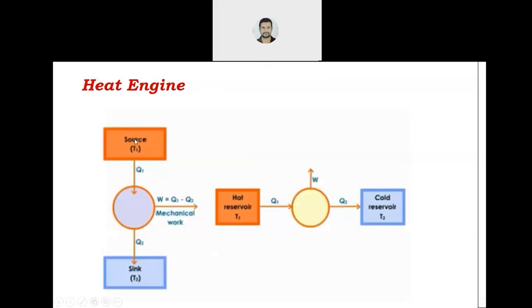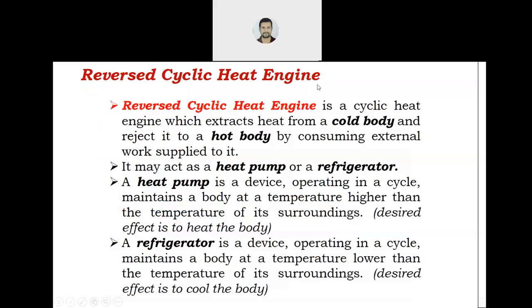What is this heat engine doing? This is the heat engine, which is the system. It is taking heat Q1 from the source, rejecting Q2 amount of heat to the sink, and doing some work output W. This W is equal to Q1 minus Q2. Remember this. Now we are talking about the reverse cycle heat engine.